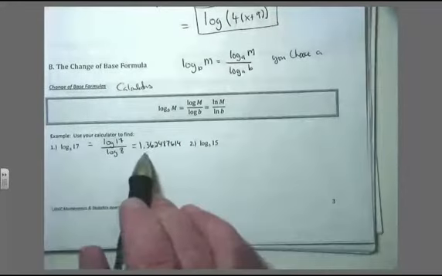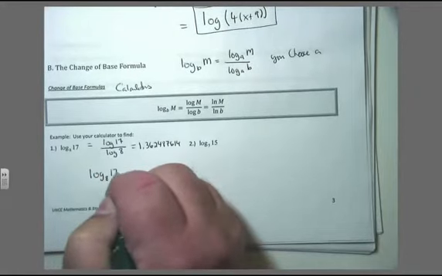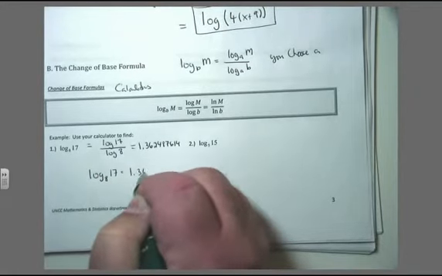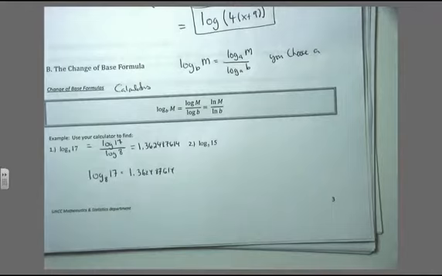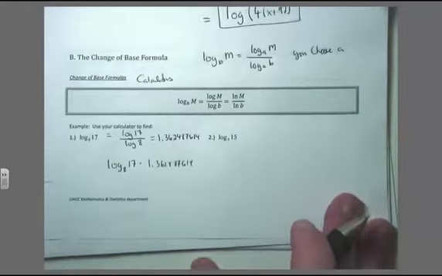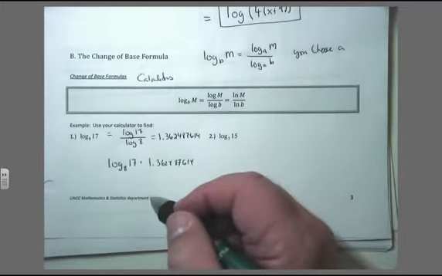What does this number mean? So I have the log base 8 of 17 equals 1.362487614. What does this number 1.362 really mean to you guys? It means this. If you don't like logs, rewrite it and you'll understand what the meaning is.